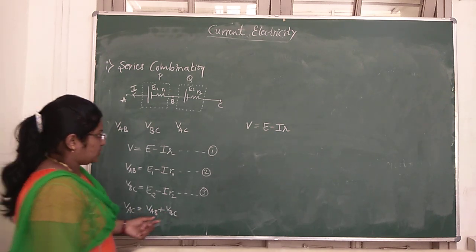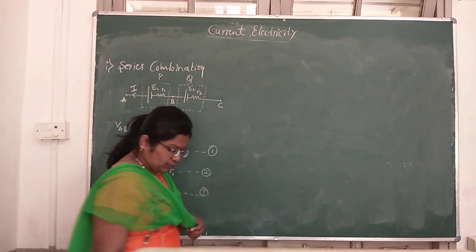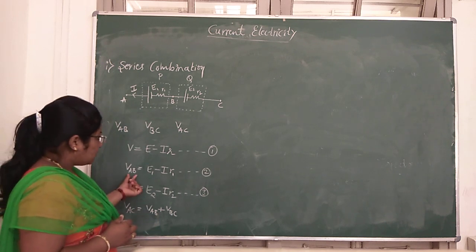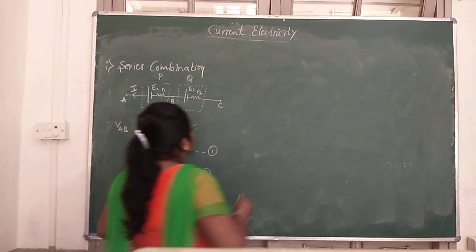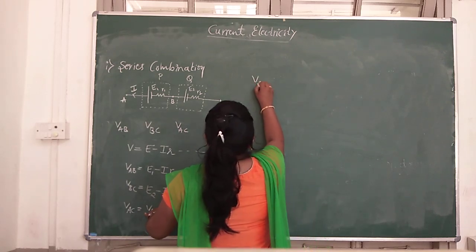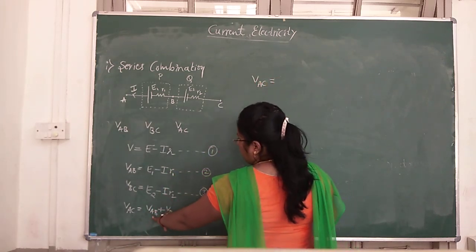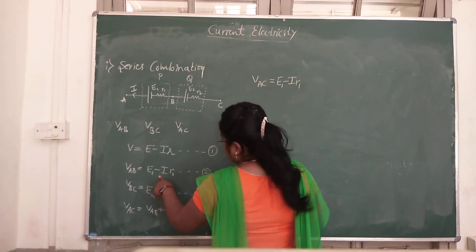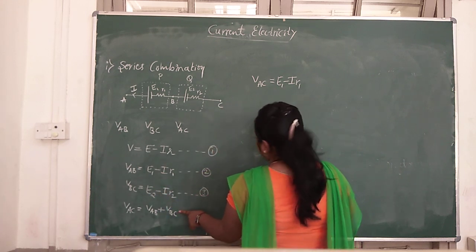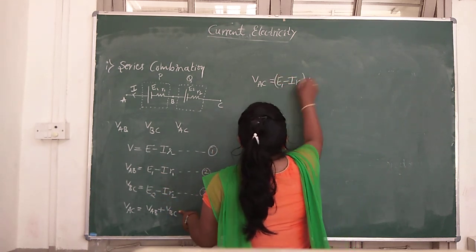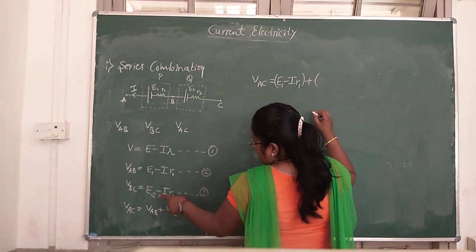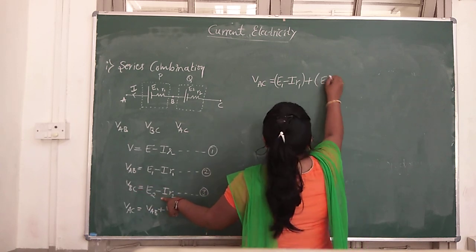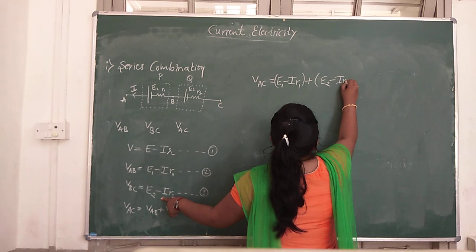Now in this expression, what I am going to do is substitute the values of VAB and VBC. See here what we have: VAC equal to VAB, which is E1 minus I R1, plus VBC. I write it in the bracket. Here VBC is E2 minus I R2.